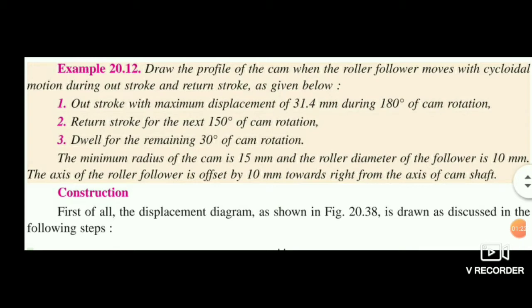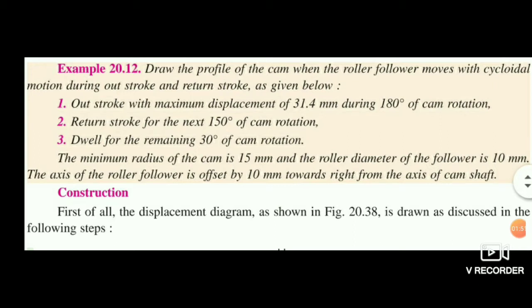Then the base circle radius is given, minimum radius is 15 mm. Since you have a roller follower, the prime circle should be minimum radius 15 plus 10 by 2, so that will be 20 mm. You have to draw the prime circle. Then you have an offset also, you have to draw the offset circle, that is 10 mm.